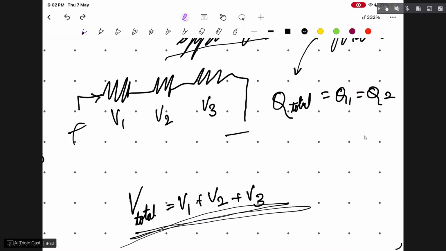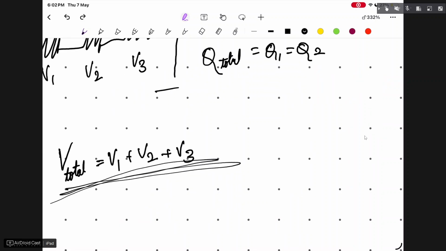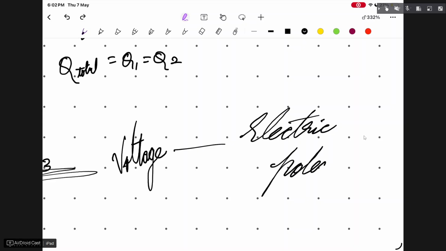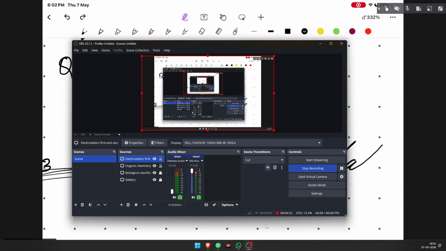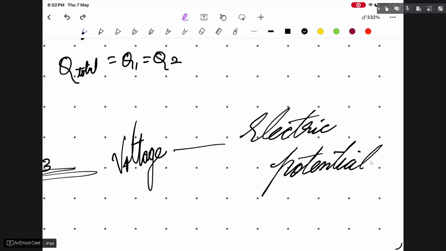And one more thing that we forgot: voltage is different but related to electric potential. Let's start again a bit.